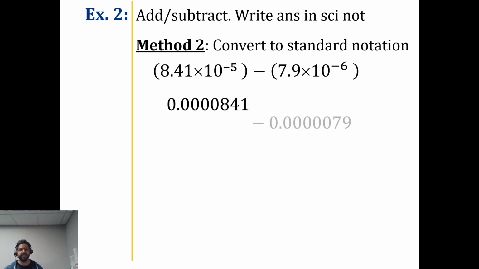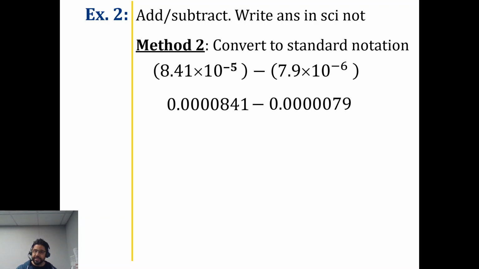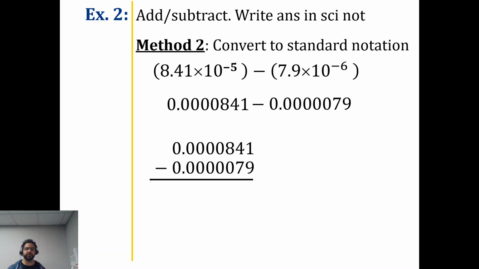So it's like this. When it's presented to you like that, some students may have a little bit more difficulty in lining it up and then doing your proper subtraction. So again, there's pros and cons to each method.